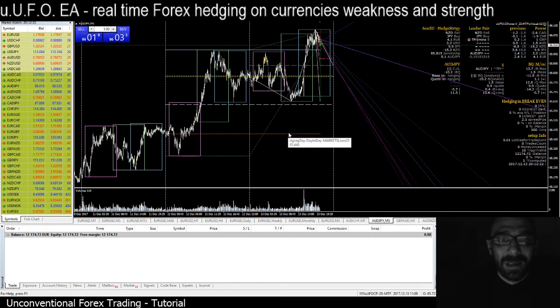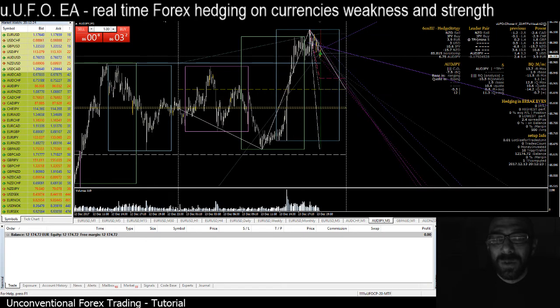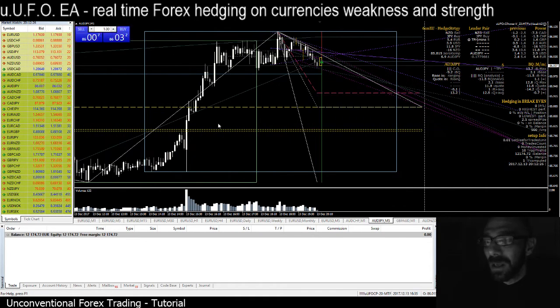So the evaluation of what to trade is not given only and exclusively by these values.